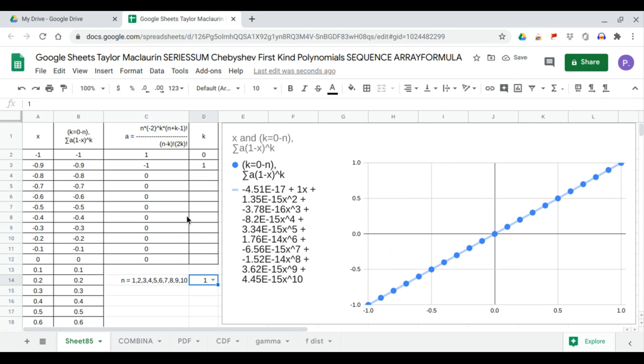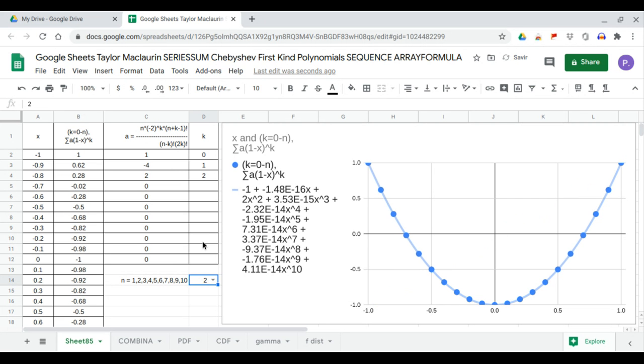At n equals 1, our y, or the Chebyshev first kind polynomial, will be y equals x, 1x. N equals 2, our Chebyshev first kind polynomial, y equals minus 1 plus 2x squared.